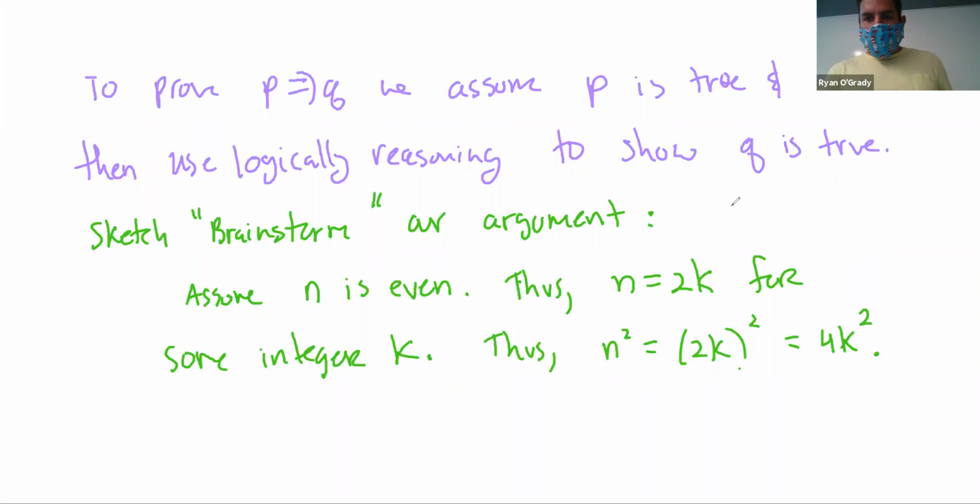However, another way of writing 4k squared is recognizing that this can also be written 2 times, I'll use another letter, j, where j equals 2k squared.